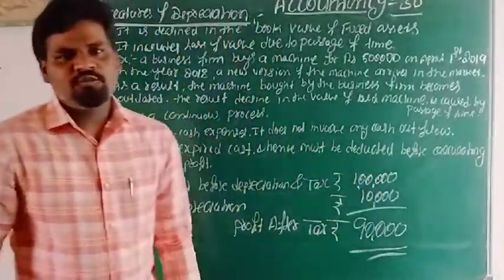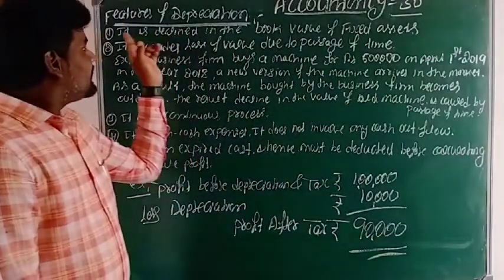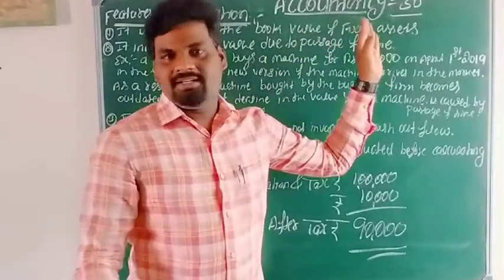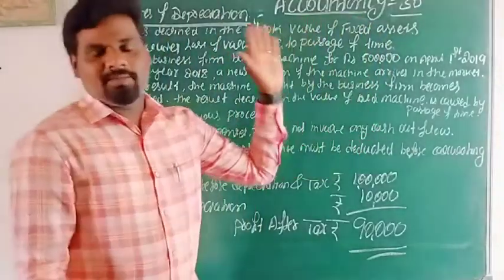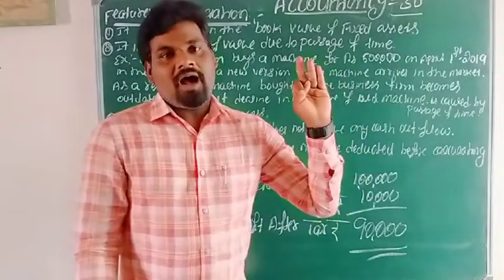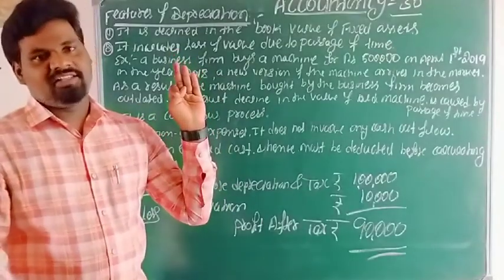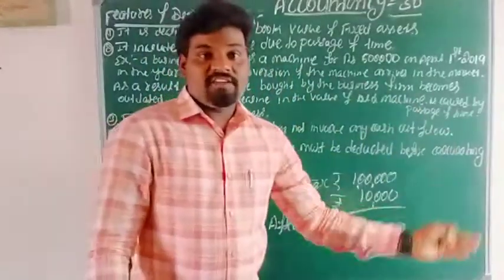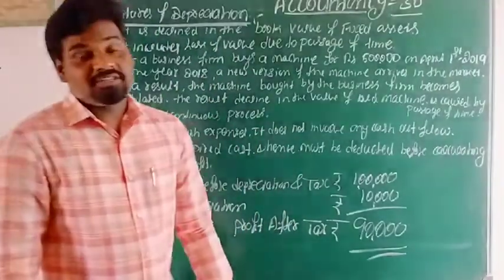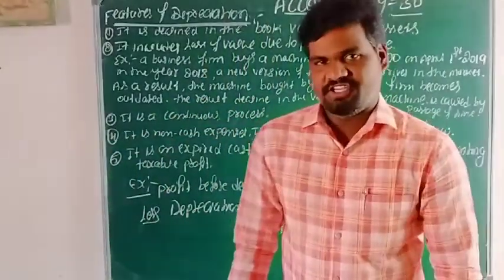In the case of any asset, whether it is furniture, machinery or plant, the asset's value goes on diminishing year after year, whether due to wear and tear, obsolescence or passage of time. This is one of the very important features of depreciation.